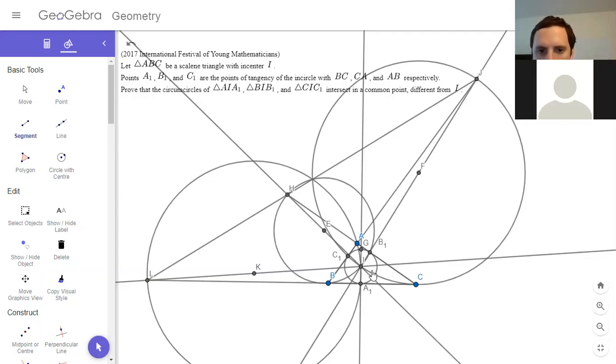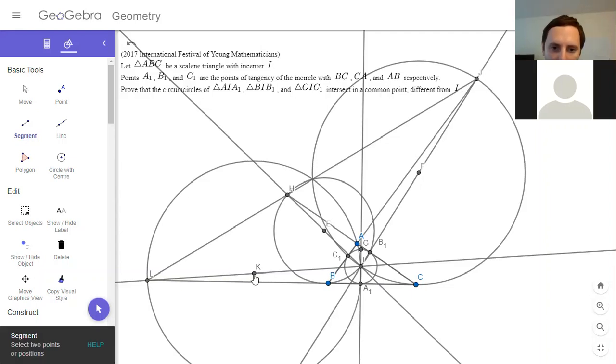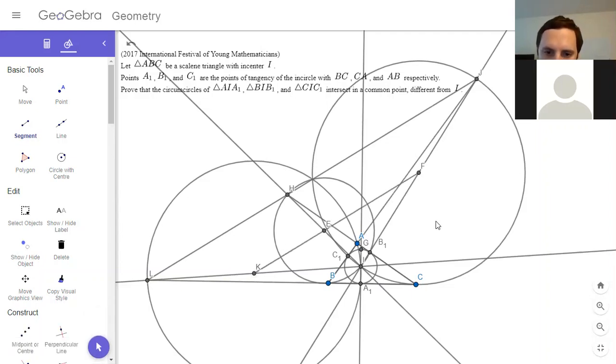The basic point is to prove LHJ collinear, which implies that the midpoints of these segments, K, E, and F, are collinear. That would mean K, E, and F are collinear, because these are the midpoints of IL, IH, and IJ.